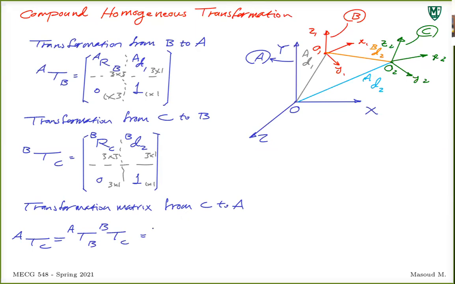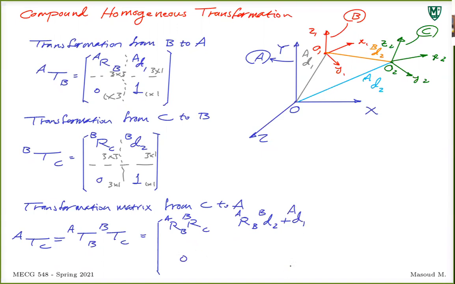Or you can think about it this way: if you do the multiplication of this for 2 of them, if you want to get a sense of where things go, first row, first column gives you a 3 by 3 matrix, so this one becomes R from B to A, multiplied by R from C to B. Then you multiply that one, it becomes R from B to A multiplied by D to B plus D1A.